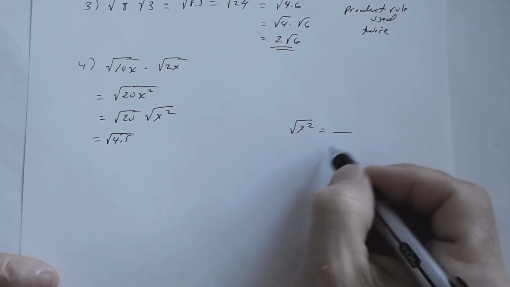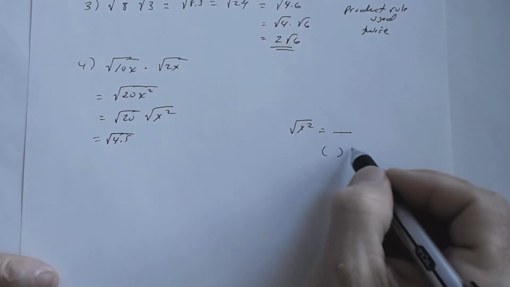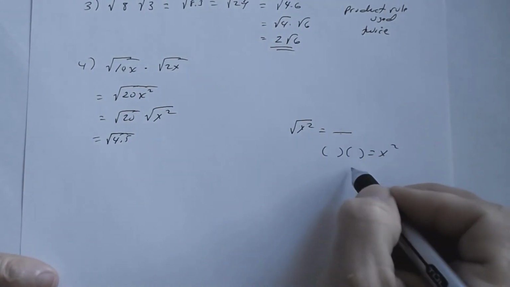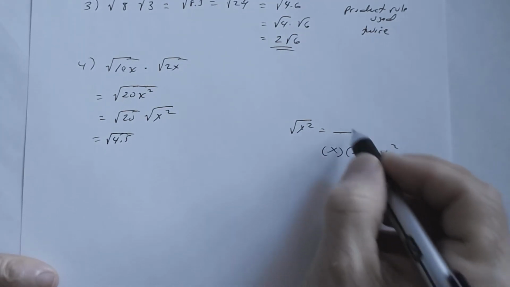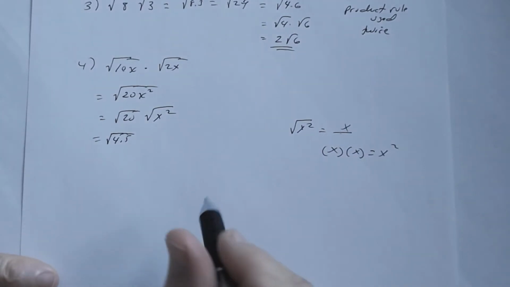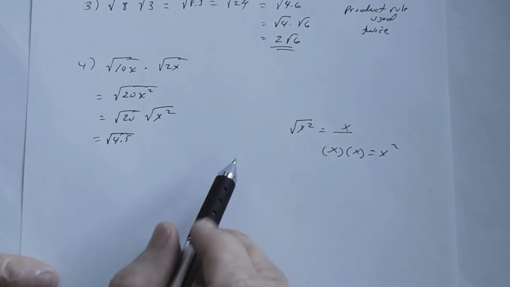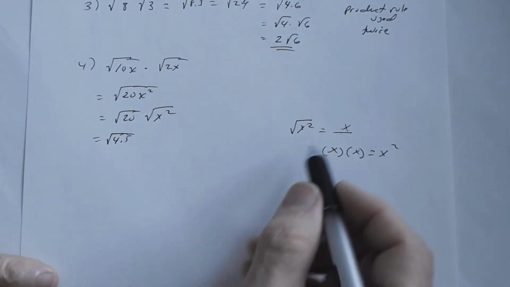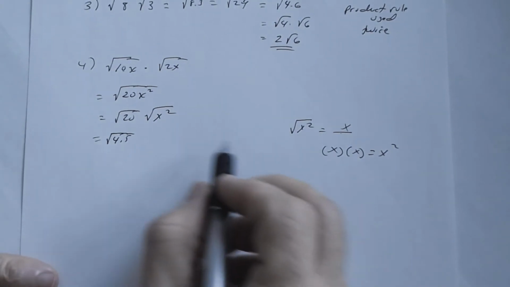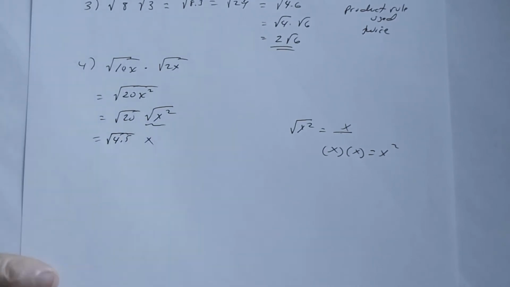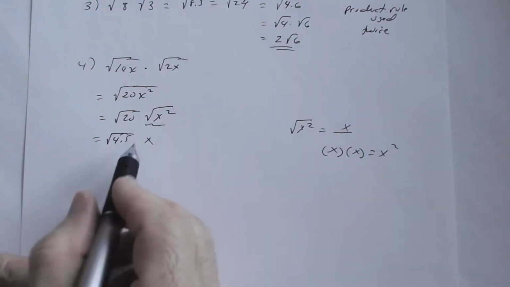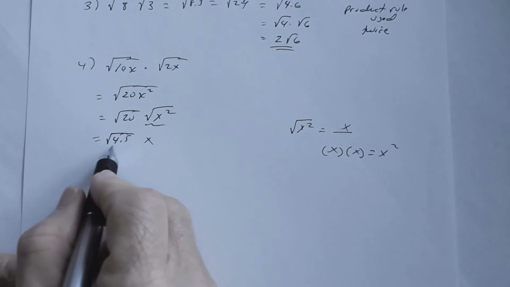Whatever's here, that times itself is x squared. So what times itself is x squared? It's just x. Again, we're assuming that all these variables represent positive numbers, so we don't have to worry about absolute values. So this right here is x. Now all I have to do is use the product rule here to rewrite this.